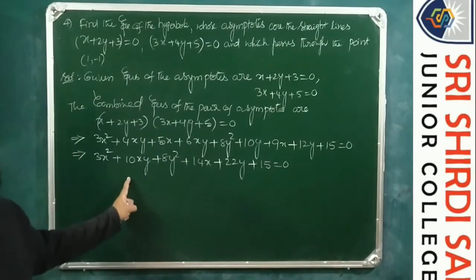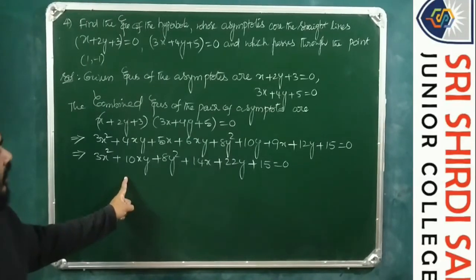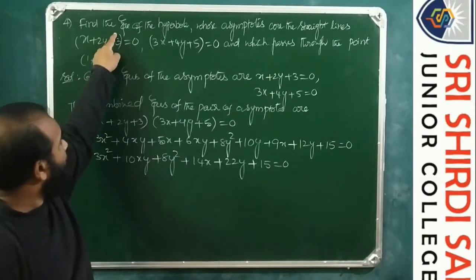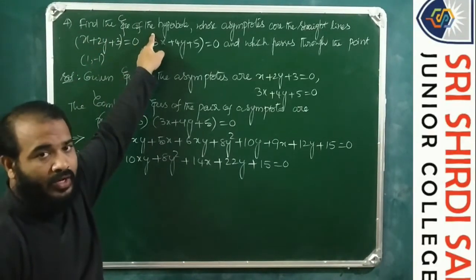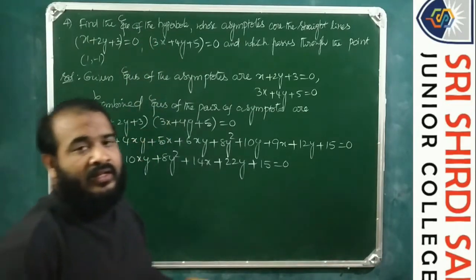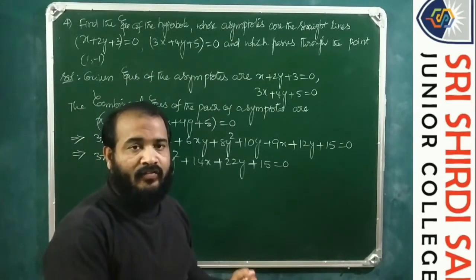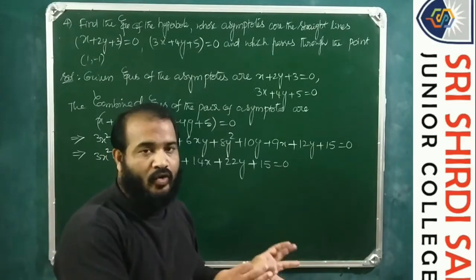So this is the equation of the asymptotes, and we are asked to find the equation of the hyperbola. We know that the hyperbola and the equation of its asymptotes differ by a constant.